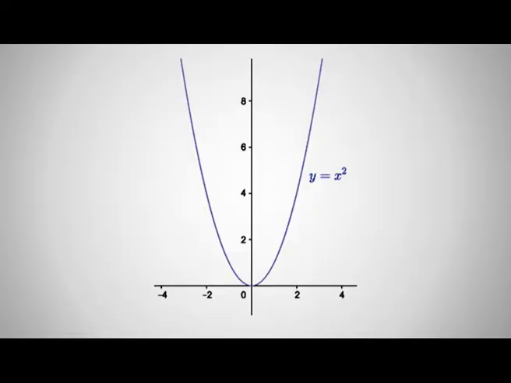A function f has an inverse if and only if its graph is cut at most once by any horizontal line. The function f of x equal to x square has no inverse, as the figure shows a horizontal line that cuts the graph of y equal to x square more than once. So, f of x equal to x square is not invertible.